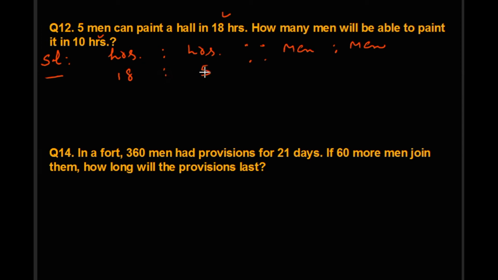In 18 hours, 5 men are required. Now 18 hours, 5 men, and for 10 hours we have to find, we will put x here. So 18 multiplied by x, product of extremes, equal to product of means.